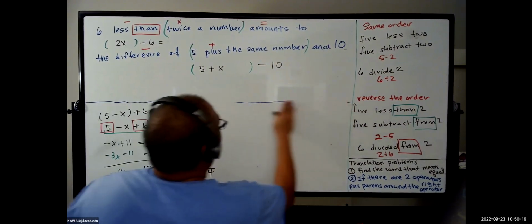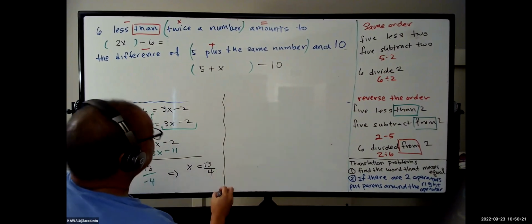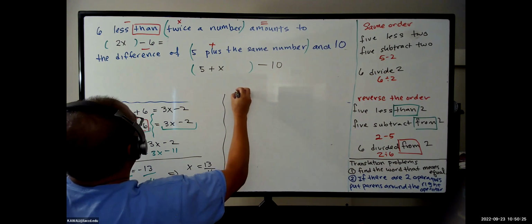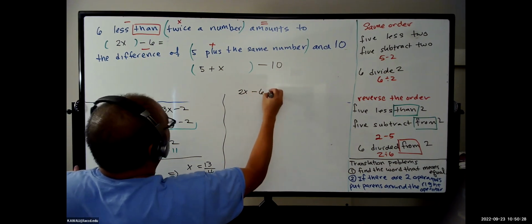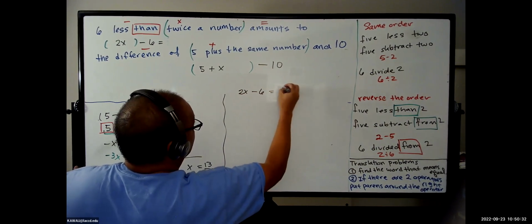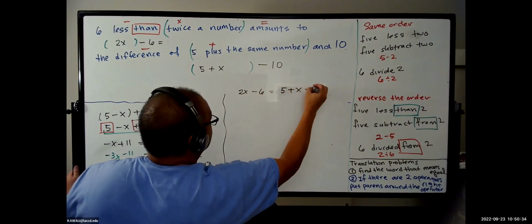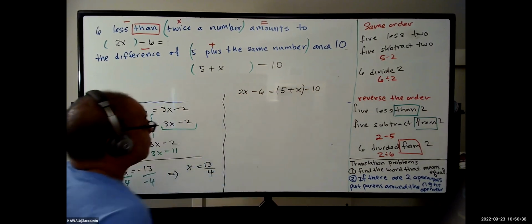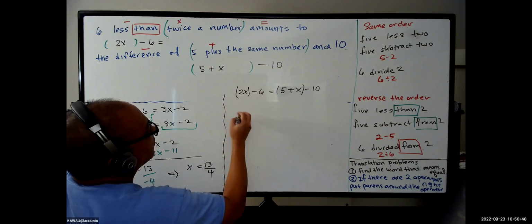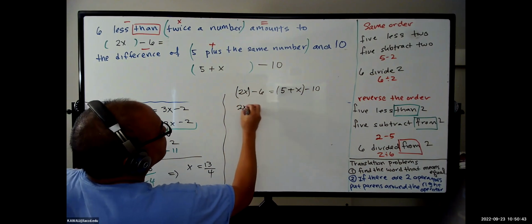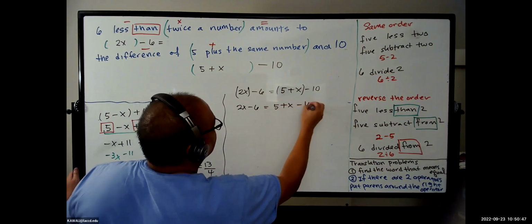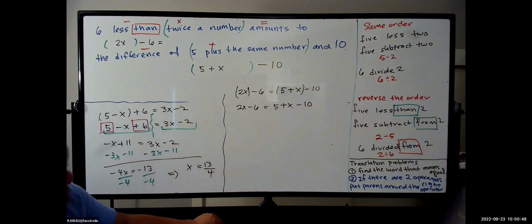So at the end of the day, we get 2x minus 6 is equal to 5 plus x minus 10. And then let's combine like terms.